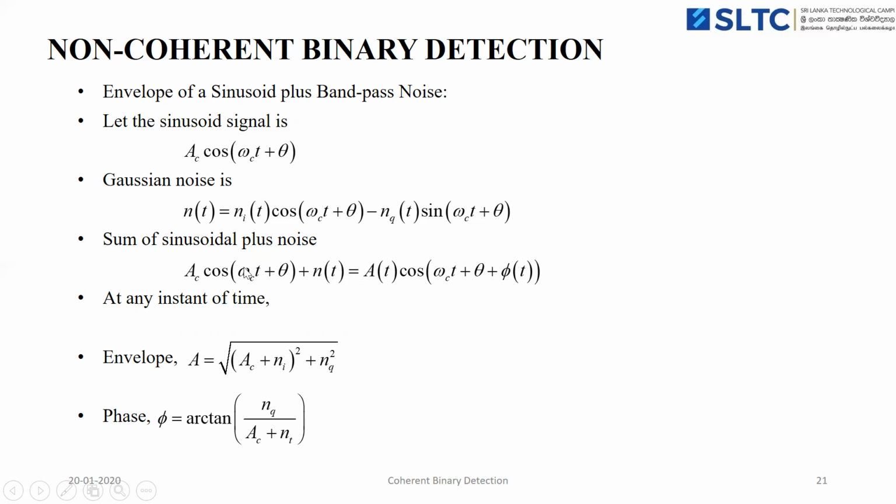From this we can find the envelope and phase of the received signal. The envelope A is the square root of the sum of squares of the in-phase component and the quadrature component. Then the phase is arctan of the quadrature component divided by the in-phase component.